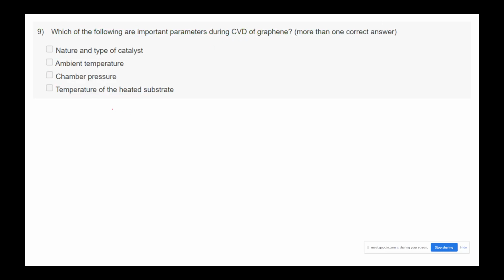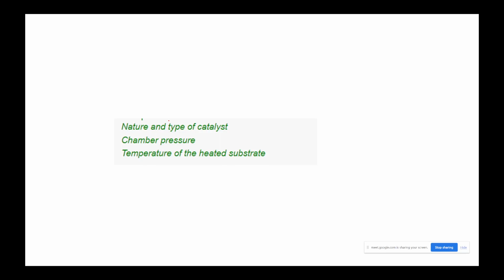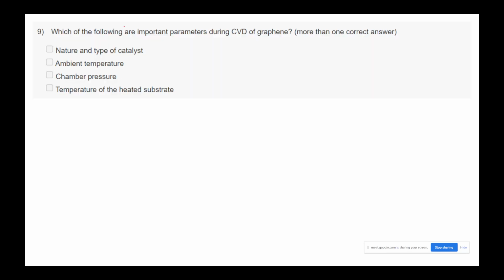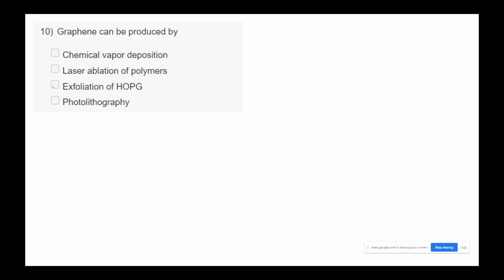The temperature of the heated surface, the chamber pressure, and the nature and type of the catalyst that you are using. I have also explained this in the parameters and the mechanism. Graphene can be produced by CVD and exfoliation of HOPG. I think these are the two methods by which we can produce graphene, which I have also explained.